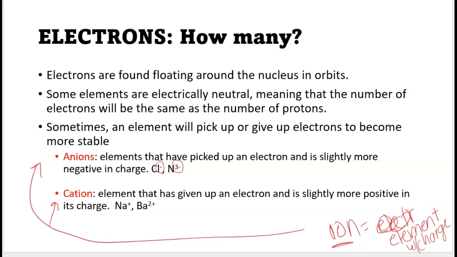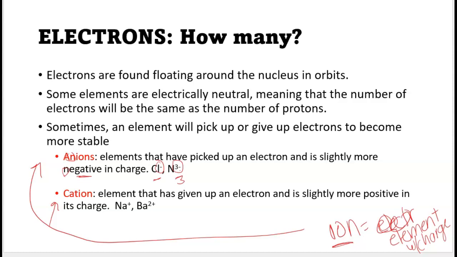In this case, chlorine picked up 1 electron. We don't put the 1 on there; we just assume it's 1 if there's no other number. In this case, nitrogen picked up 3 electrons, and that's what the 3 negative means. I always remember anions are negative, and anions have the N in there, N for negative. Handy dandy tool to help you keep track.